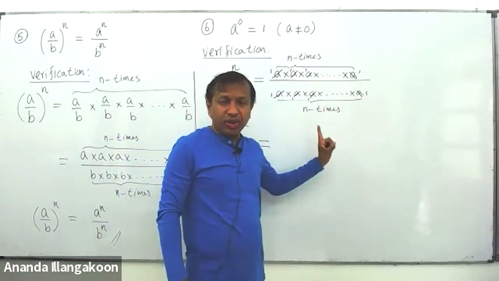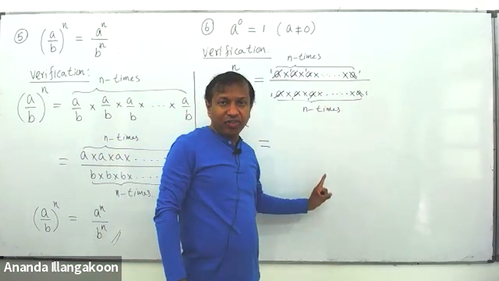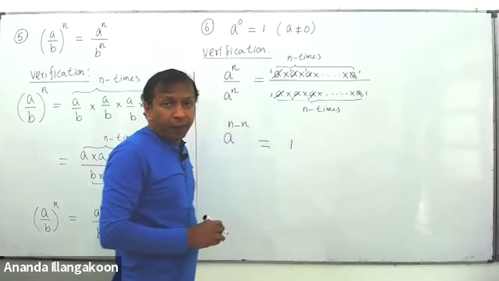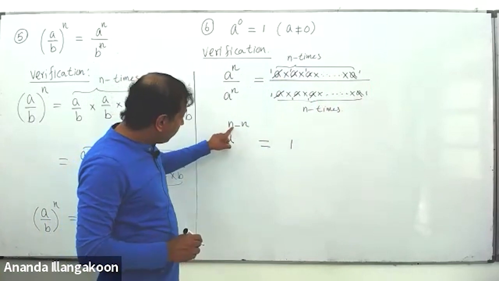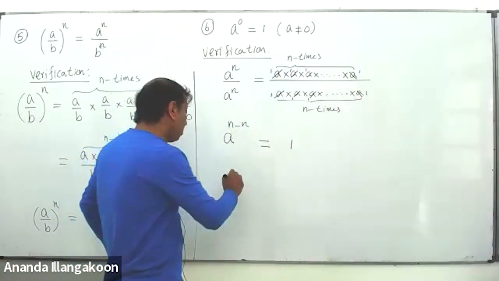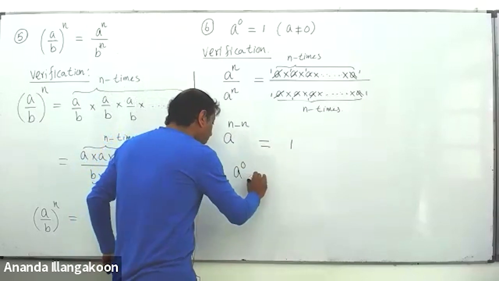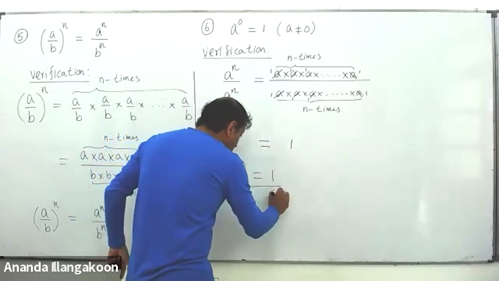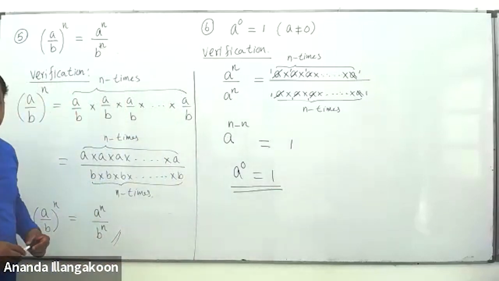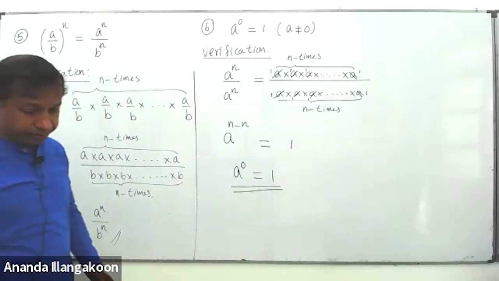Then numerator 1, denominator 1. 1 divided by 1 is 1. So this is 1 there. Now n minus n is going to be, people, what? 0. This is how we simply prove a to the power 0 equals 1. Proof means simply verify this. a to the power 0 equals 1. Understood? Right.